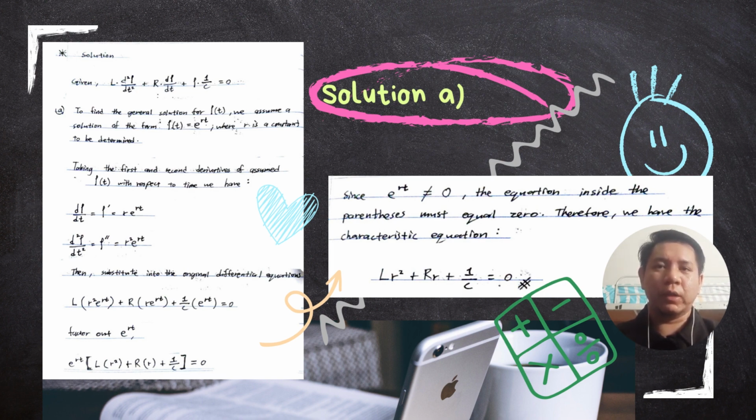Then we factor out e^(rt): e^(rt) times bracket L r square plus R r plus 1 over C close bracket equals 0. Since e^(rt) will not equal 0, the expression inside the parenthesis must equal 0. Therefore, we have the characteristic equation L r square plus R r plus 1 over C equals 0.